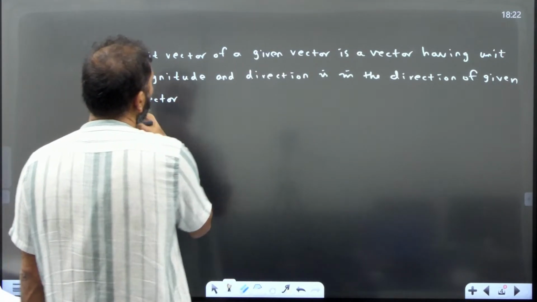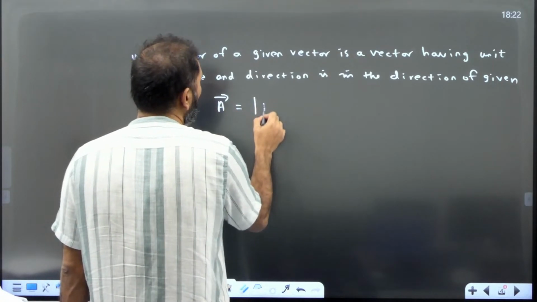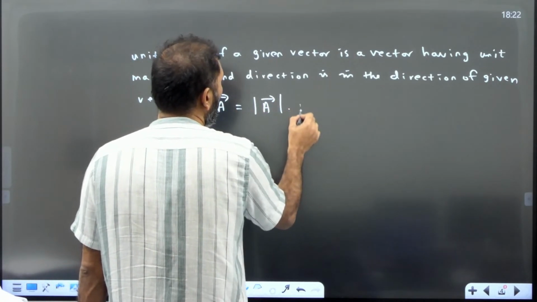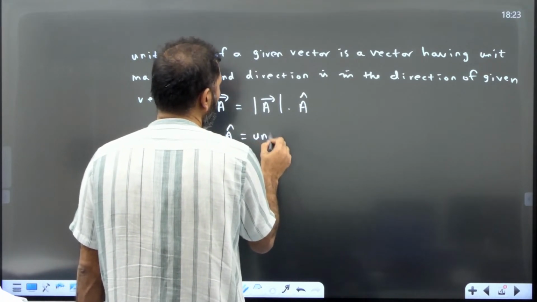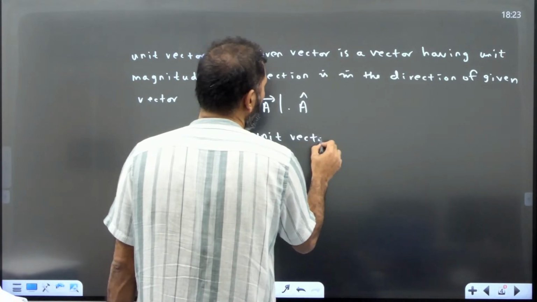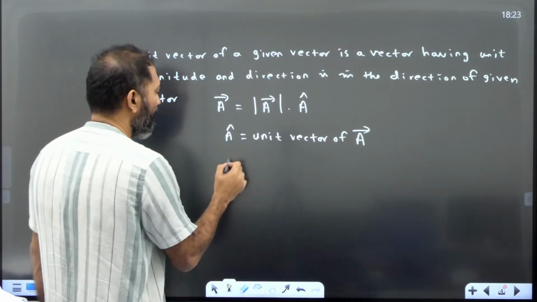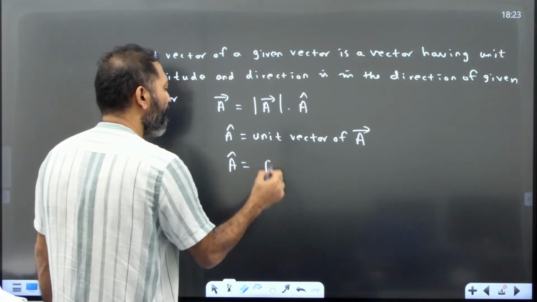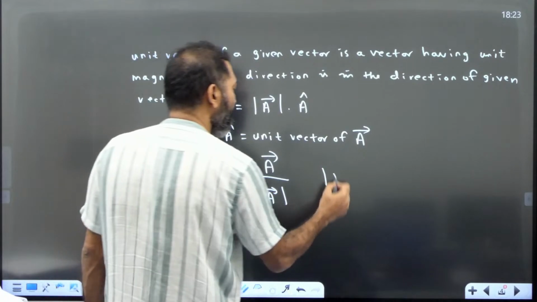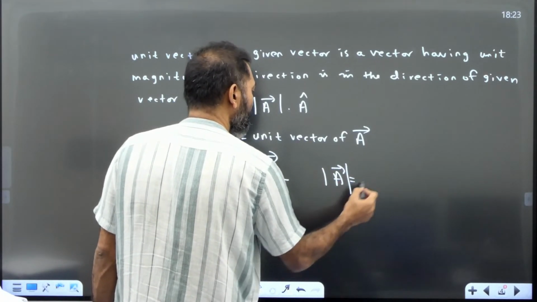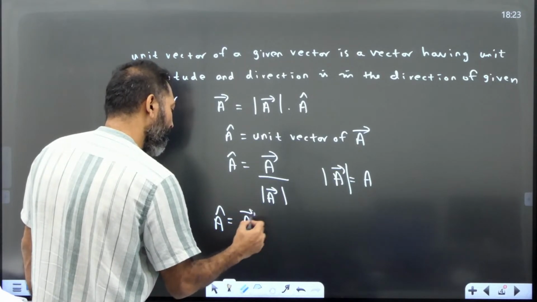So let's see. A vector is equal to what? How we are getting A vector? Magnitude of A vector into A cap. What is this A cap? Unit vector of A vector. So how to get unit vector of A vector? A cap is equal to A vector divided by magnitude of A vector. What is magnitude of A vector? A. So what is A cap? A vector divided by A.